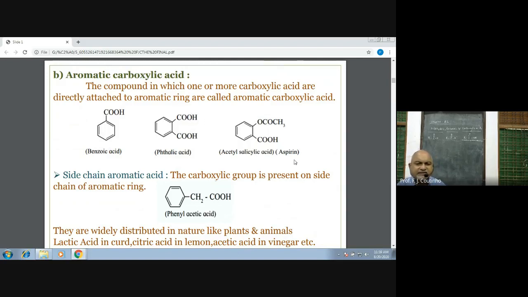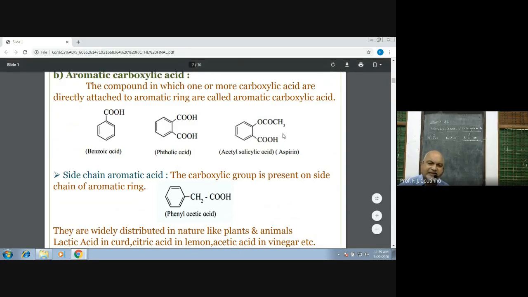And the third one is aspirin. Aspirin is a medicine which is given. In chemistry in everyday life, we are going to study this medicine known as aspirin, ecosprin. These medicines are given to a patient having a cardiac problem in order to make the blood more thin.